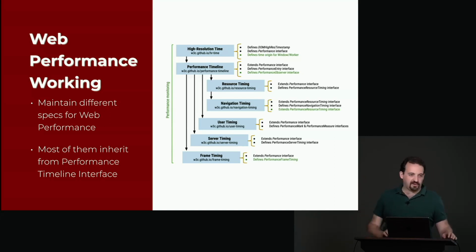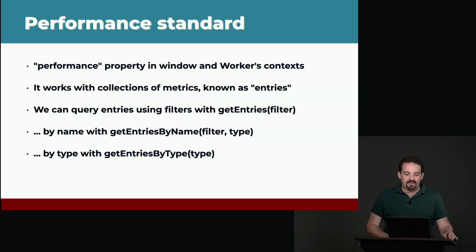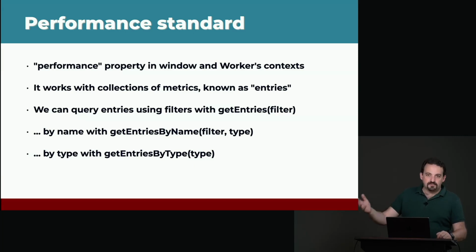Okay, but there are a lot of APIs. Every API actually works with that performance property that we saw before. So everything is there. And on modern APIs, we have entries, and those entries are collections of metrics. And we can query entries using filters. I know it sounds weird, but let me show you some samples.